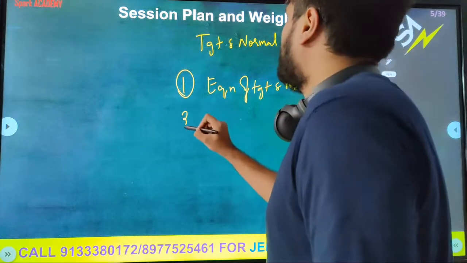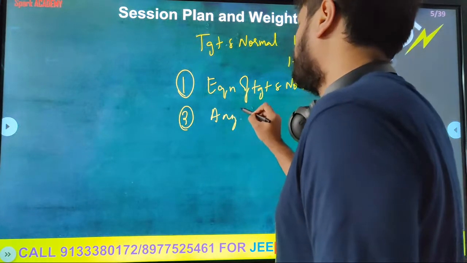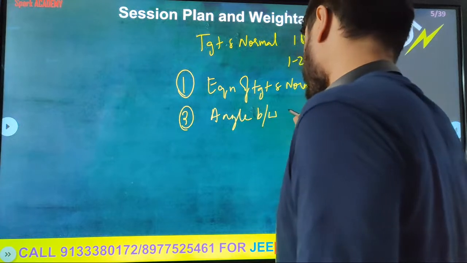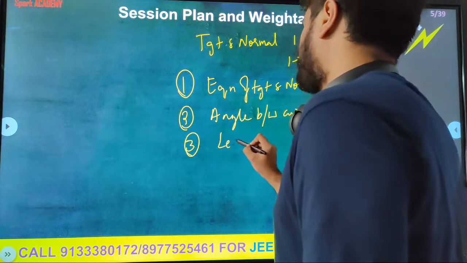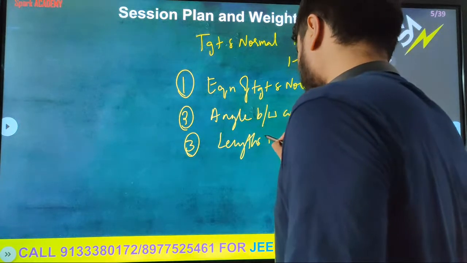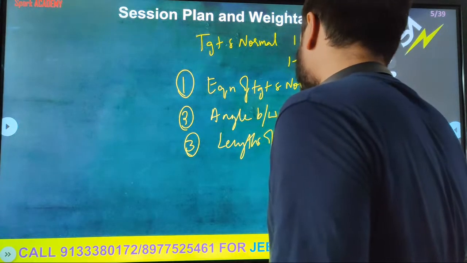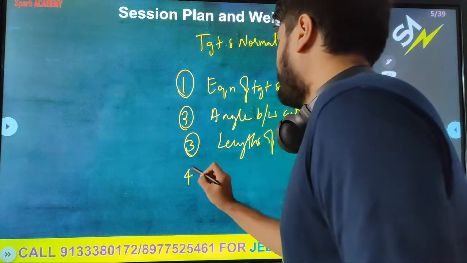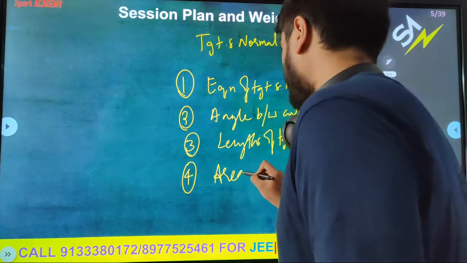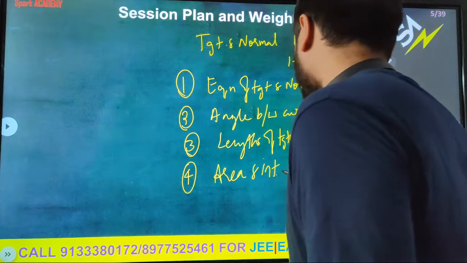You have angle between the curves, and you have the lengths of tangents and normals, and finally we have area and intercept concept.